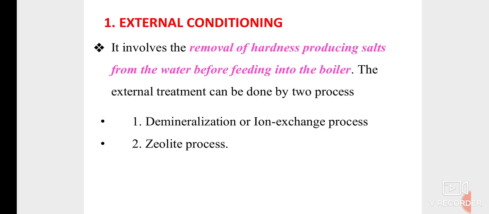One is the demineralization process, another name of which is the ion exchange process. The next one is the zeolite process. These two methods are predominantly used to remove hardness producing salts from the water. So we will see them one by one.